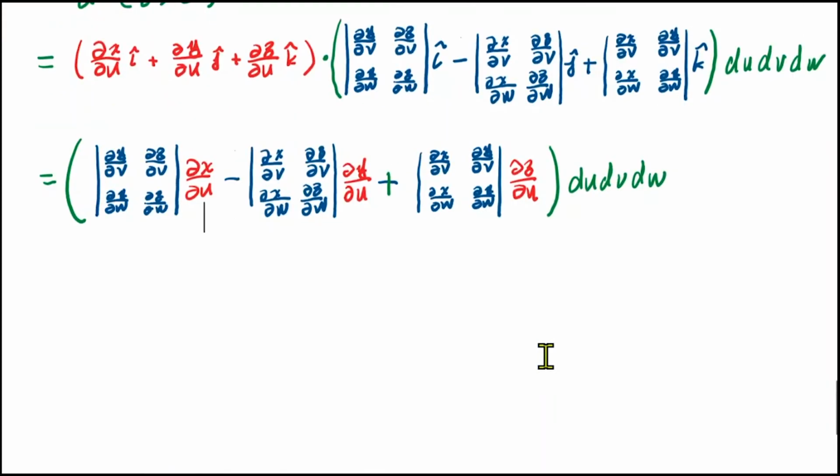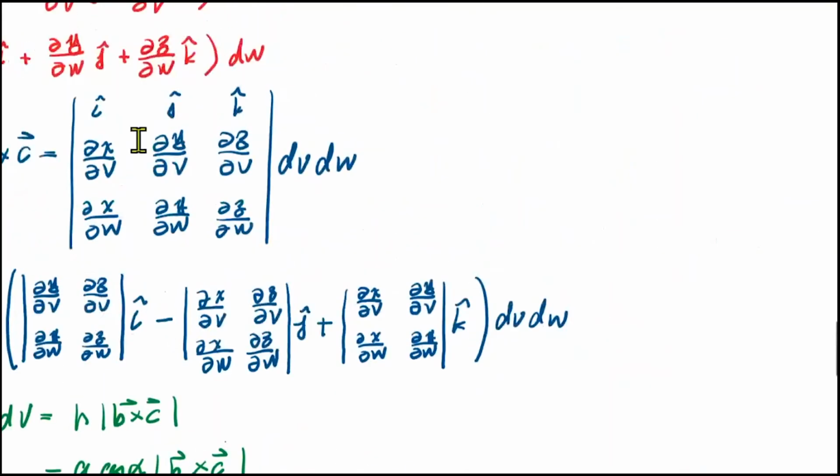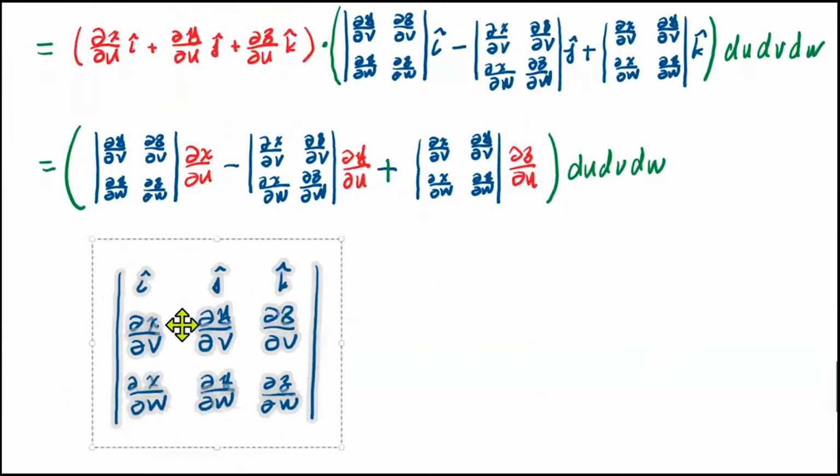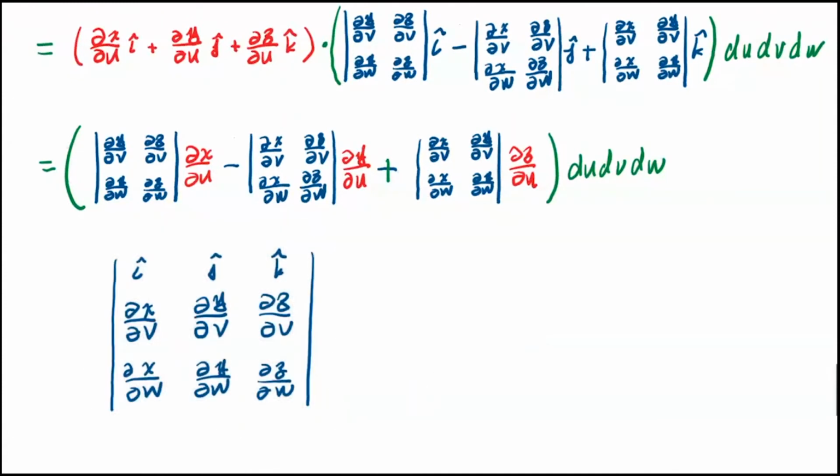Well, is that really our triple scalar product? Let's compare that with scalar products. I'm going to recycle this thingy and paste it here. Let's just say if I replace this thingy with partial x, partial u, partial y, partial u, and partial z, partial u.